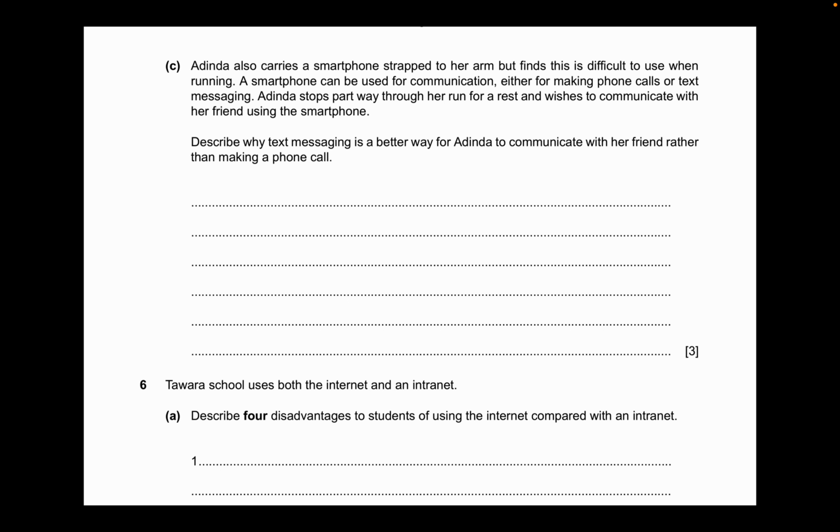So, you can say that she may be tired due to the running, so therefore she would be using text messaging than trying to talk. This is more of an analysis based question.